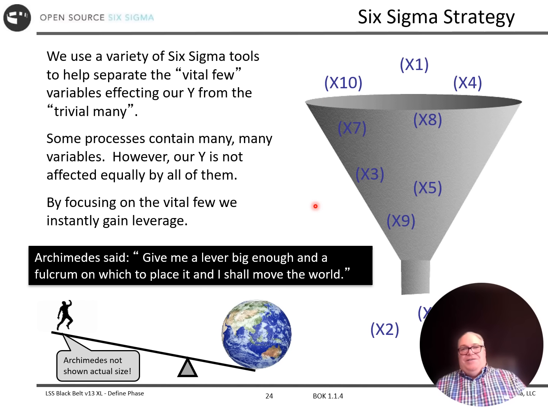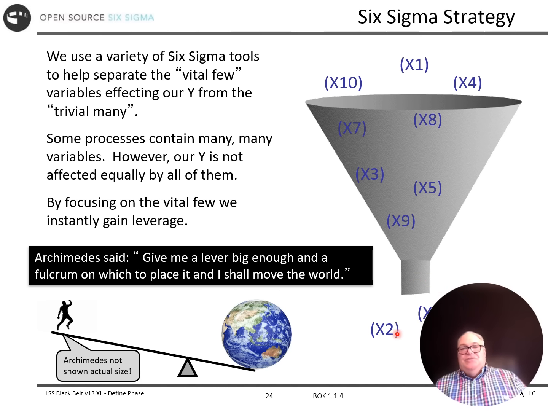So through the process, we are going to funnel down through different tools to find out, hey, does this X8, whatever it is, have a relationship with my output? How about X9? How about X10?